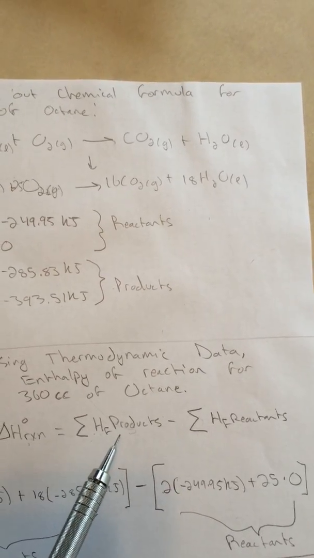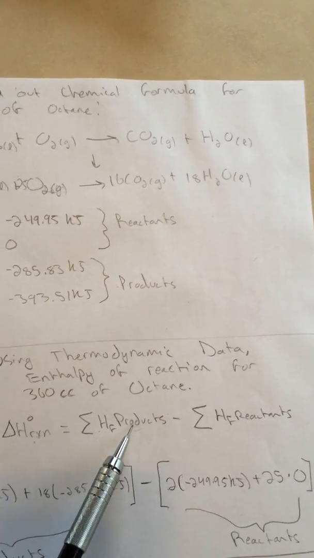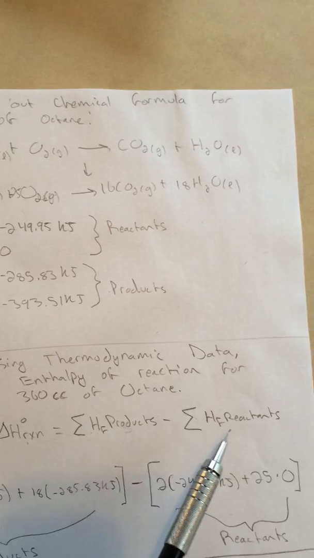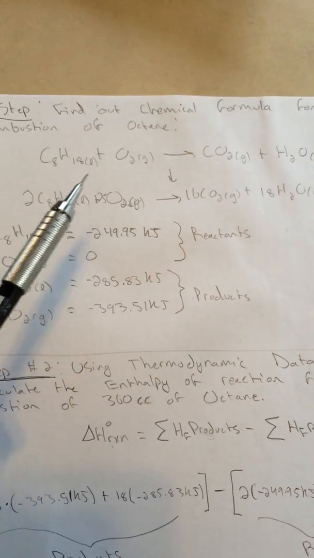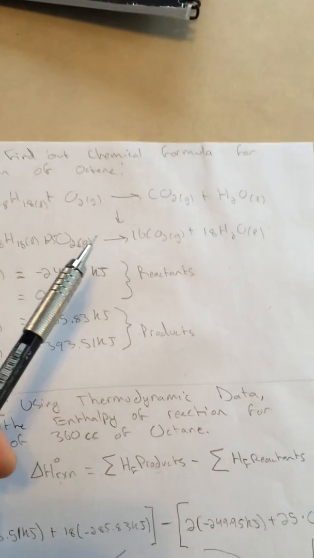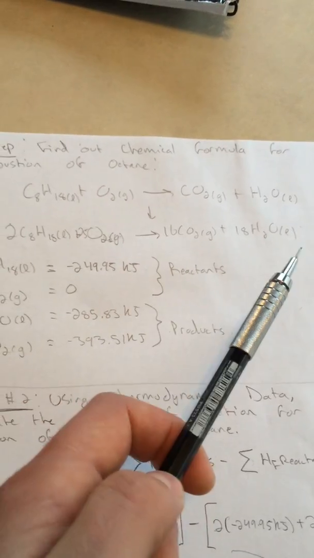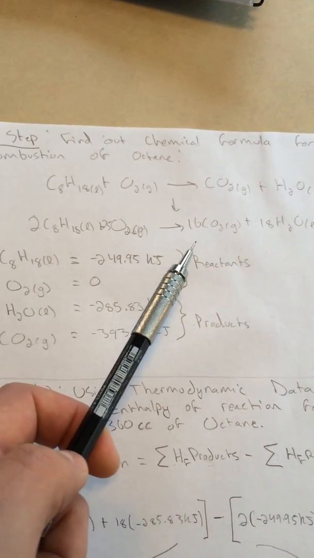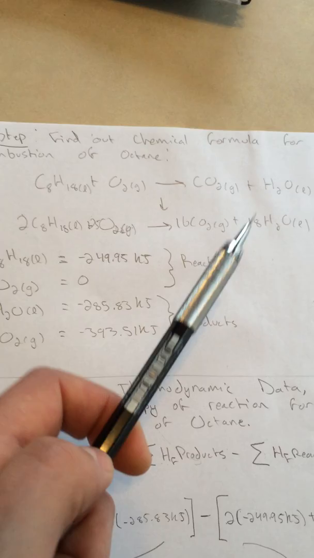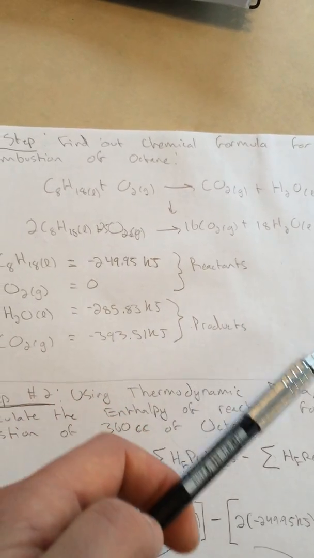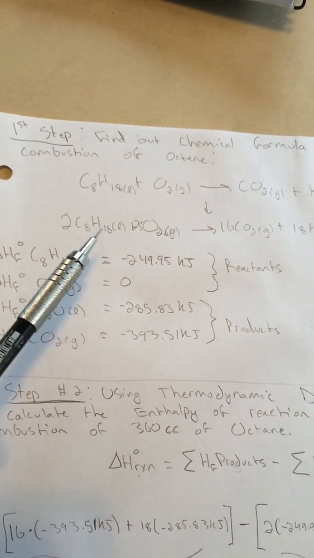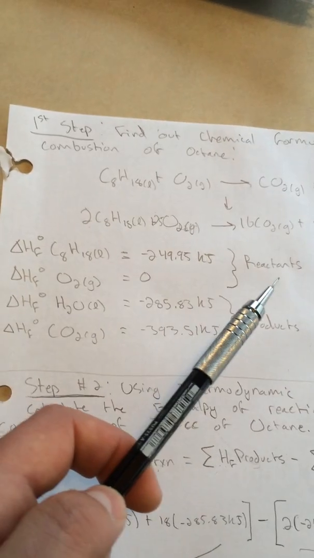So it's the sum of the enthalpies of formation for the products minus the sum for the reactants, in regards to this equation. A little orientation: everything on the right side of the equation is the products, because they are what is produced out of the reactants, and that's annotated here as well.